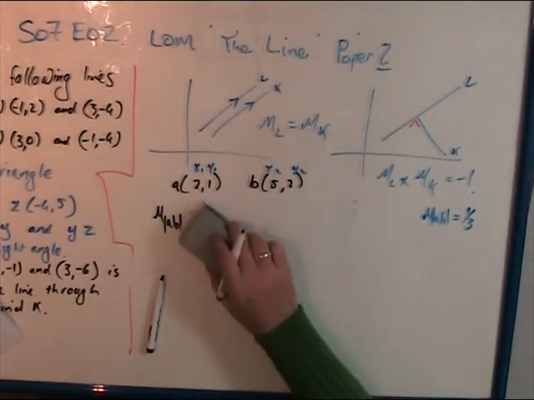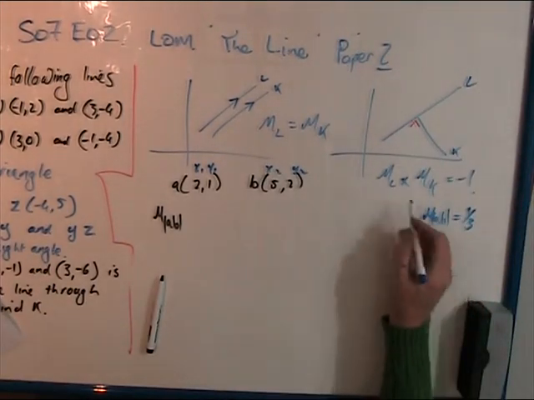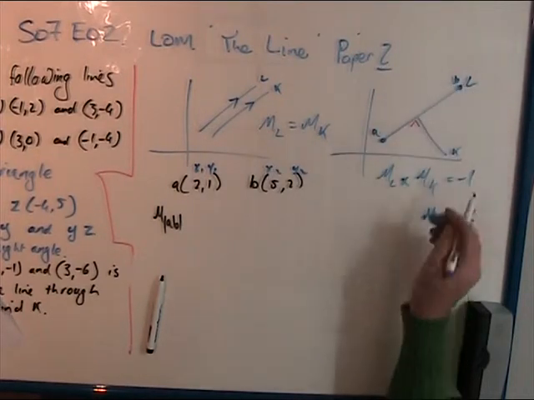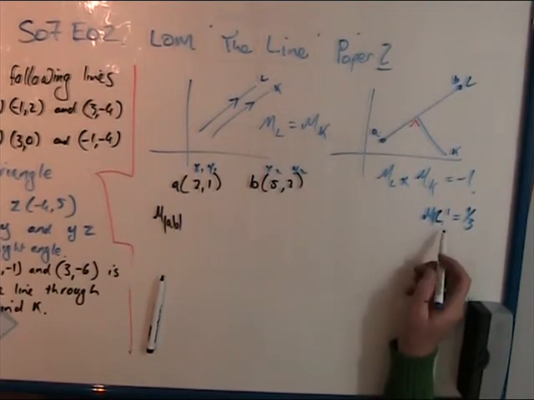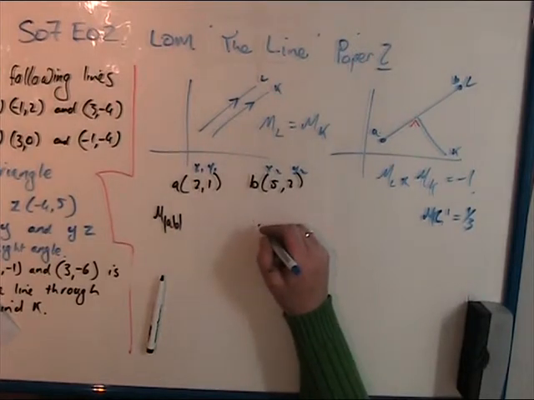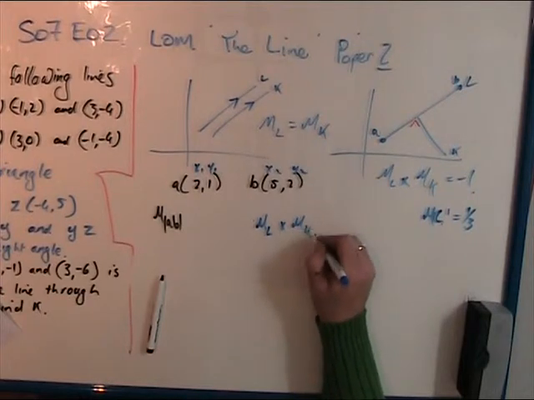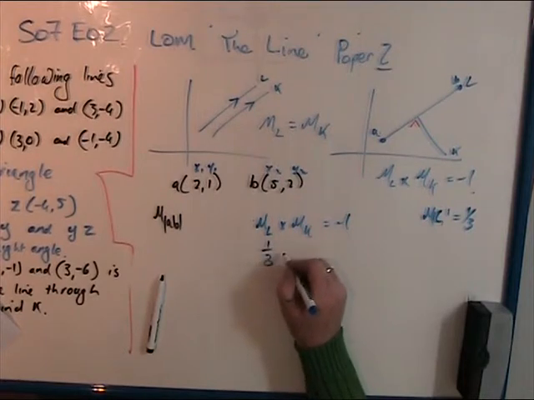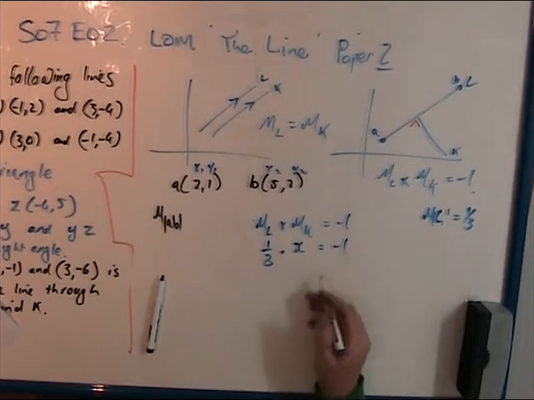Right? Now, say this is the line AB, these are the points AB, and we're going to call it L. Okay, so this now becomes L. It's the same thing, but I'm just putting an L. And I want to find K. So I know that if the product of their slopes, m of L by m of k, is equal to minus 1, and I already have m of L, and I put m of k as x, and it equals minus 1, I can solve the equation here.